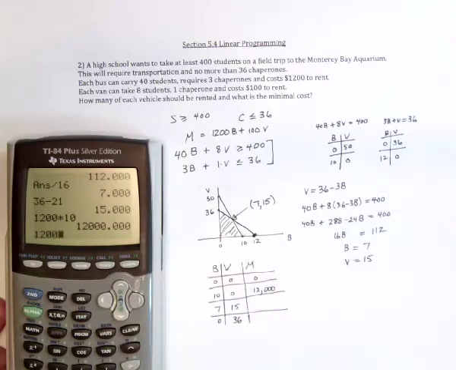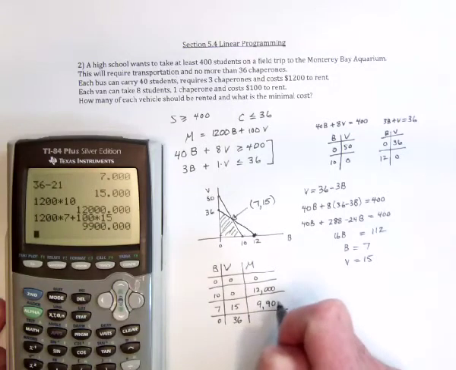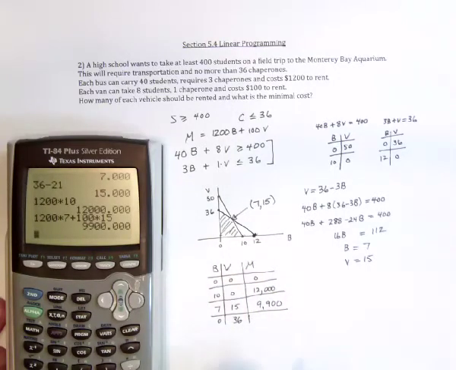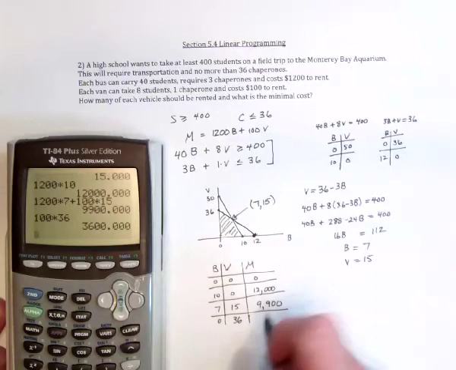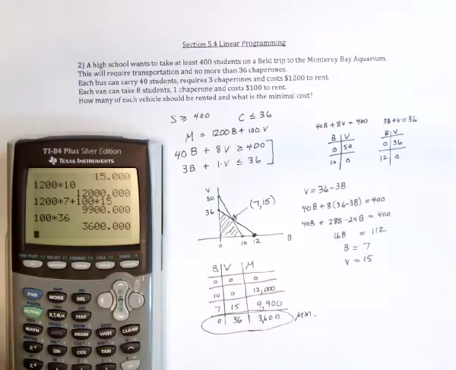So 1200 times 7 plus 100 times 15 looks like a better deal, 9,900. And then if it was all vans, 100 times 36 would be 3,600, even a better deal. And so there is the minimum cost, $3,600.